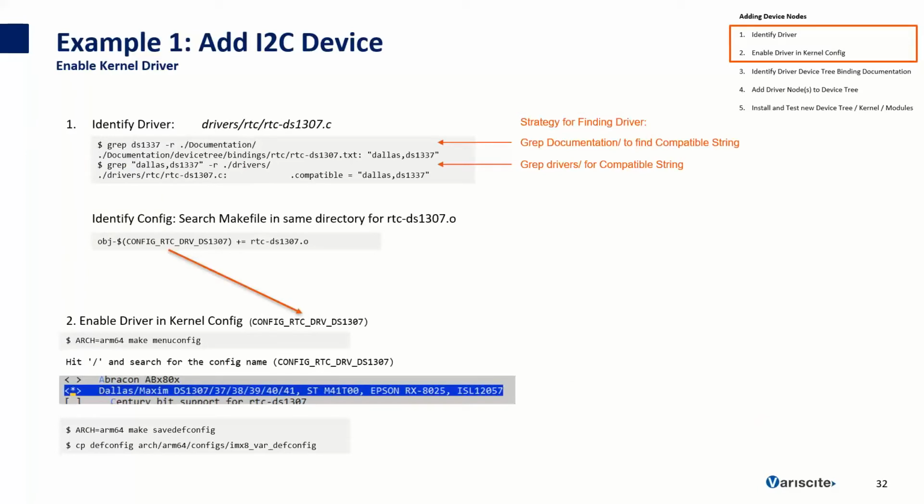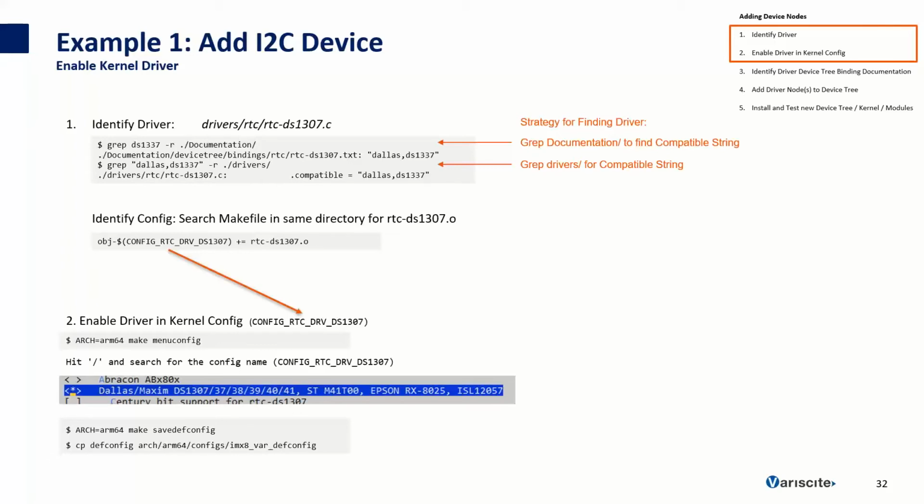Okay, so following our 5-step process, the first step is to identify the driver for our new device. There are several strategies for doing this. One of the strategies I like to follow is just to search the documentation directory for the device name. So in this example, we can grep the documentation folder for DS1337.